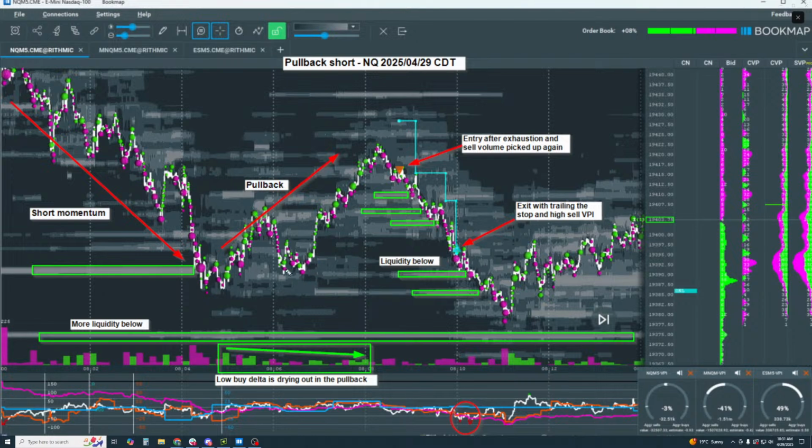In fact, we can make another pattern out of that as well. The move here is on lower volume, but it's not really a lot lower volume. I still see some volume up in this area.